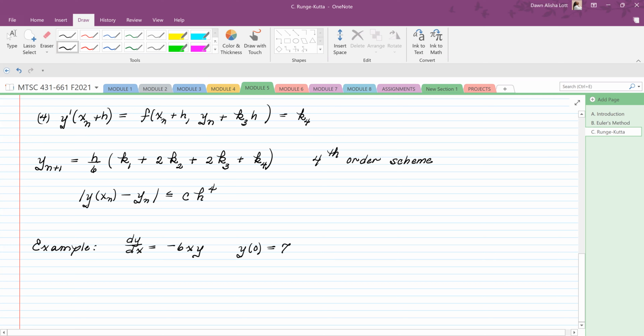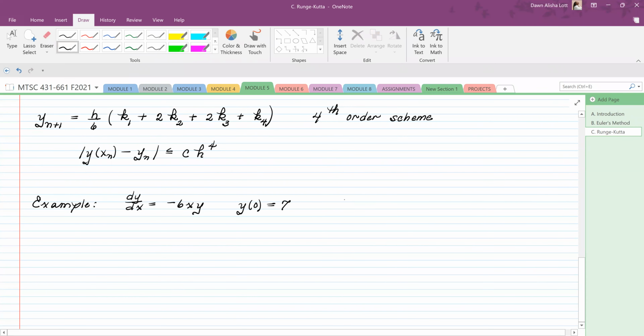So our f of x, y is negative 6xy. Okay, now we talked about using Euler, and we also talked about using improved Euler, which you will be doing in your project, and you will also be doing Runge-Kutta in your project.